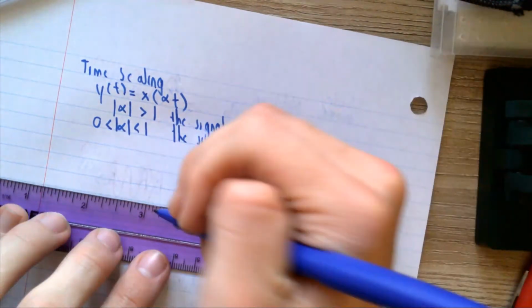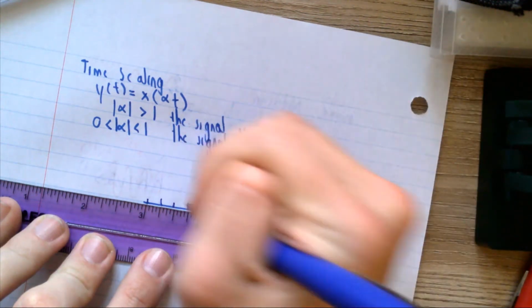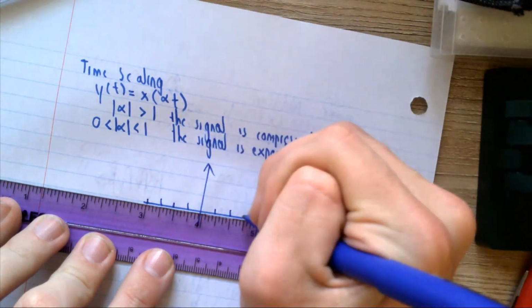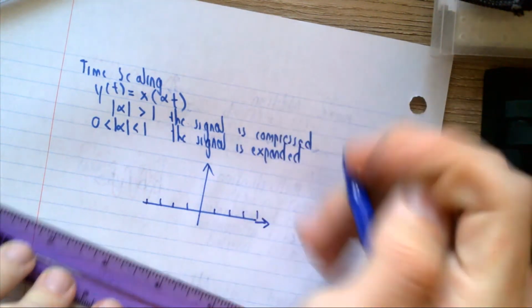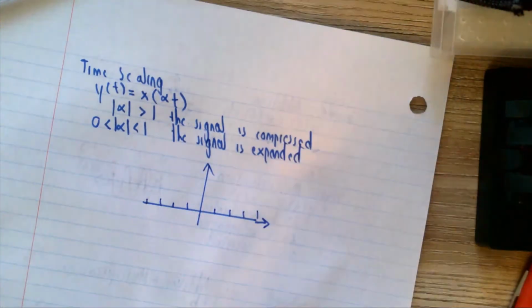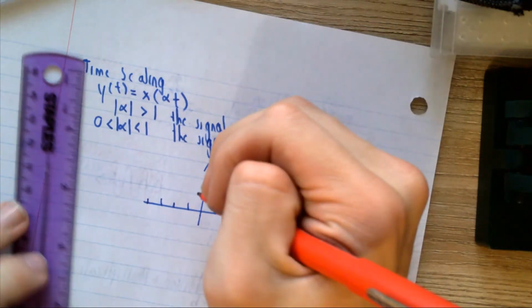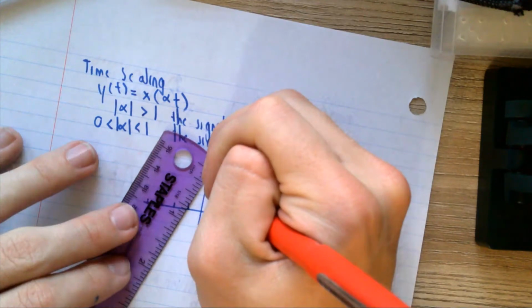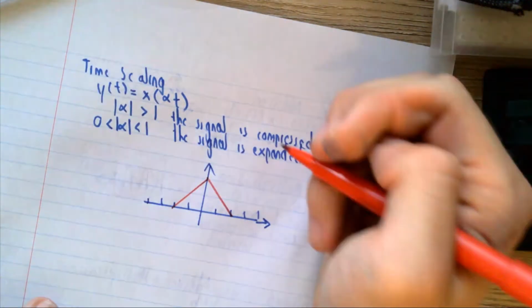So we're going to have 1, 2, 3, 4, 1, 2. And so here's our 2. Let me just draw our arbitrary signal here. It's going to look something like this. A triangle. And so this is what our x of t looks like.